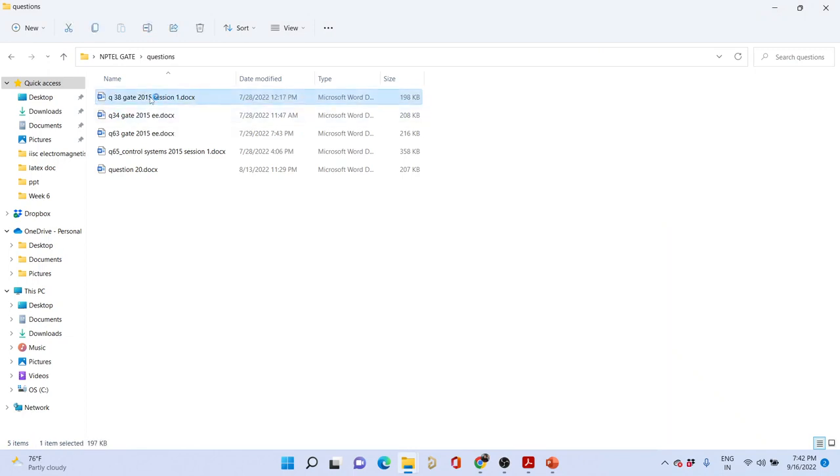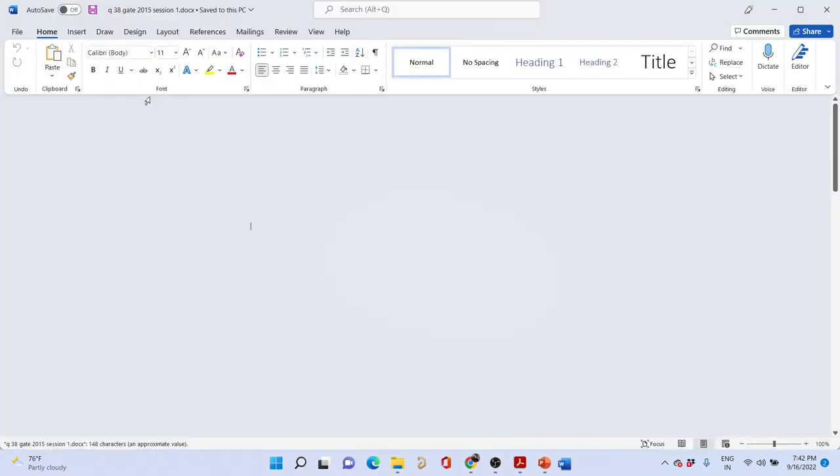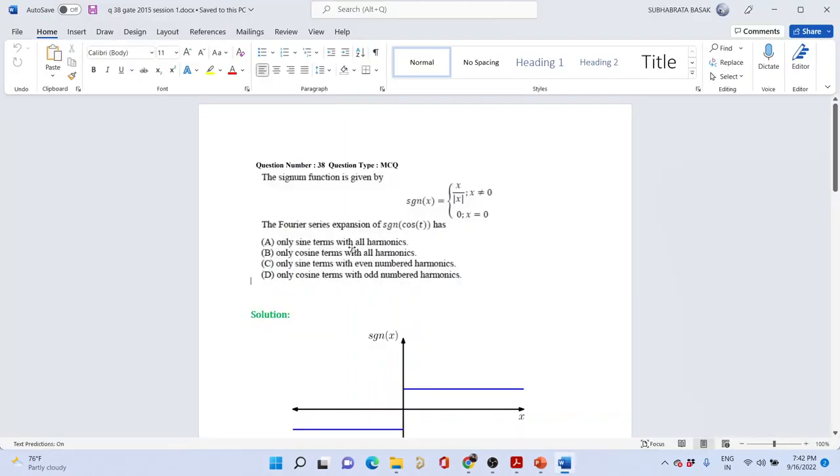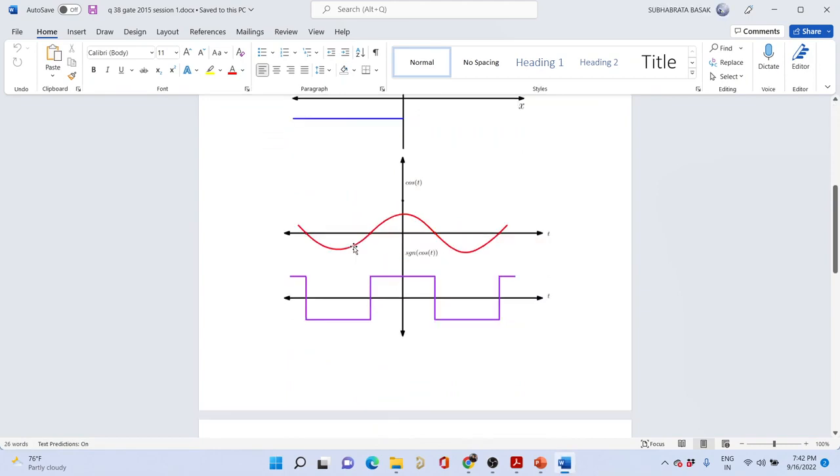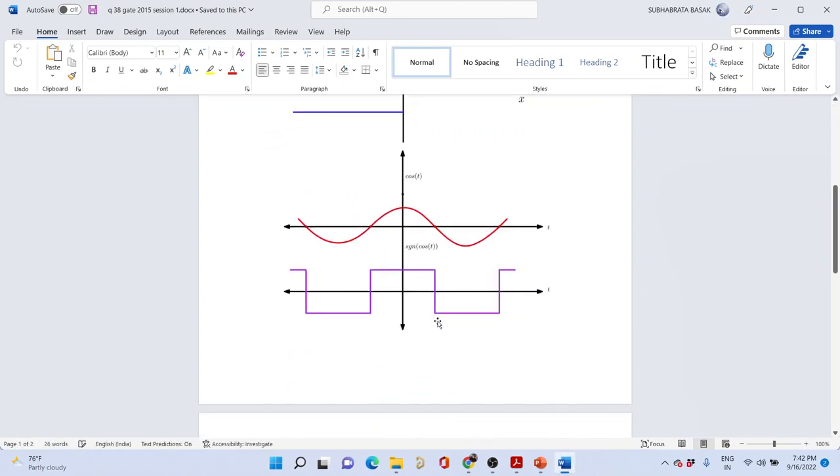Cos of t is the argument that I am passing. Yes, so its range should be the domain of the signum function, right? So if that is the case, then the whole function will not vary with respect to t, but it will vary with respect to the range of cos of t.